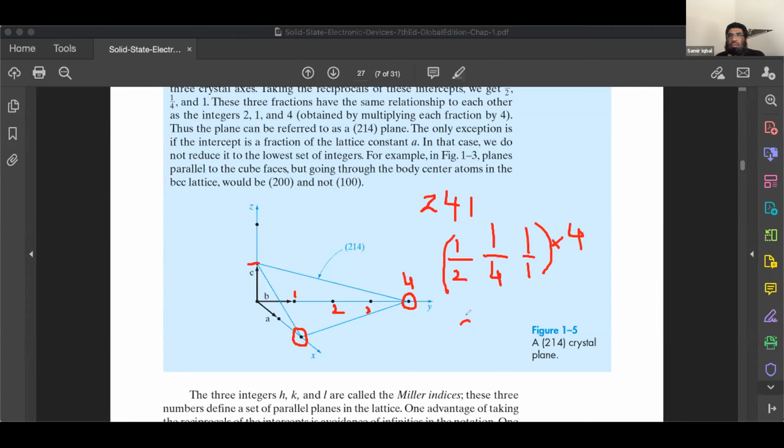We get 2, 1, 4. That is the plane. This plane is 214. That's what's written here also. Are you with me on the steps? If I give you a plane on a Cartesian coordinate, can you find the Miller indices for that plane?